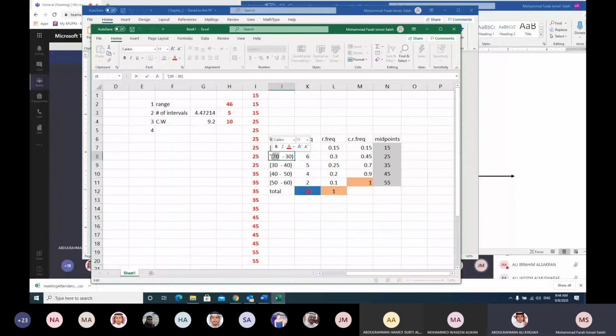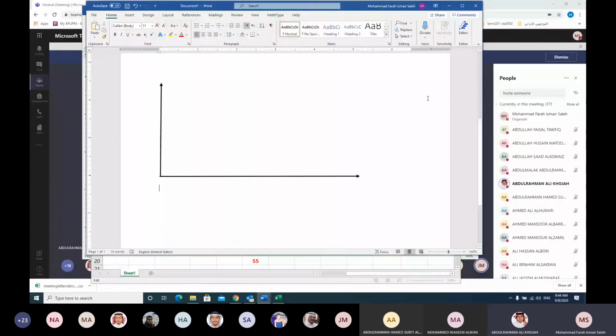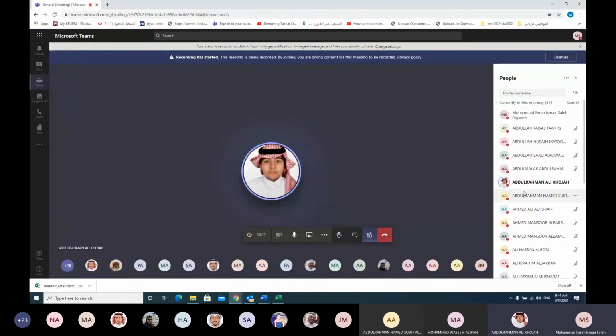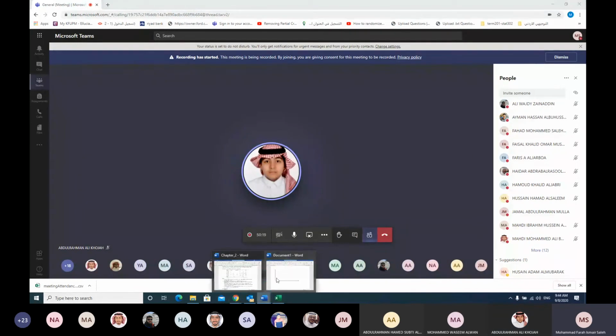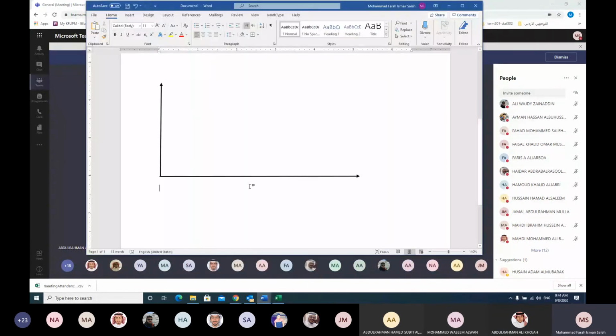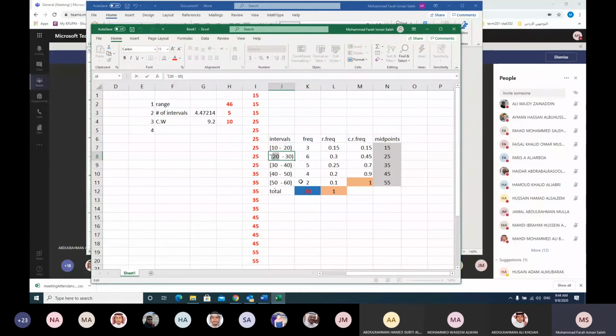Now to write the upper end points on this horizontal line, we read it as L. Do you see it? From 10, then 20, then 30, then 40, 50, then 60.